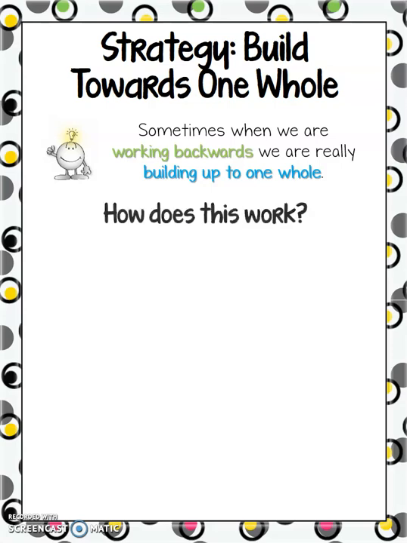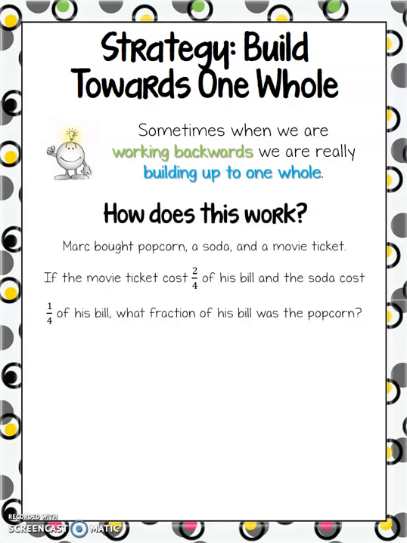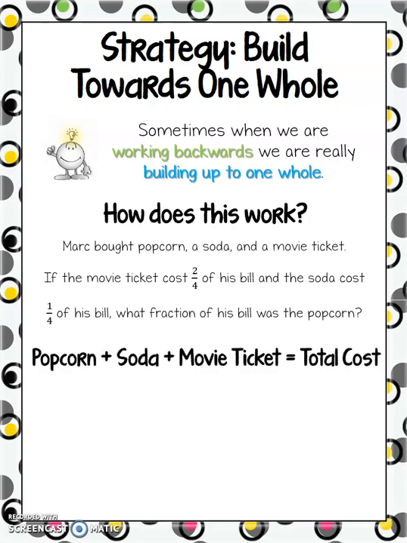For example, now the problem says Mark bought popcorn, a soda, and a movie ticket. If the movie ticket cost 2/4 of his bill and the soda cost 1/4 of his bill, what fraction of his bill was the popcorn? I'm still combining the popcorn, the soda, and the movie ticket to be up to the total cost or his total bill.